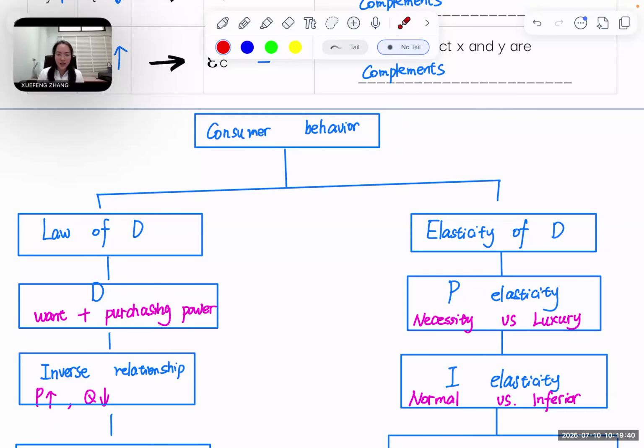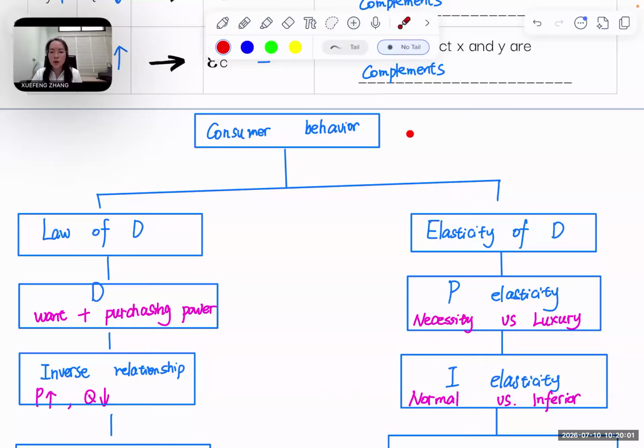Next class, the same as before, okay? At the beginning of the 30 minutes of the class, I'm gonna talk a little bit about chapter 3, which is producer behavior.